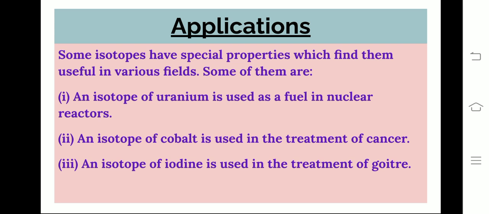But some isotopes have special properties which make them useful in various fields. Some of them are: an isotope of uranium is used as a fuel in nuclear reactors. An isotope of cobalt is used in the treatment of cancer. An isotope of iodine is used in the treatment of goiter.